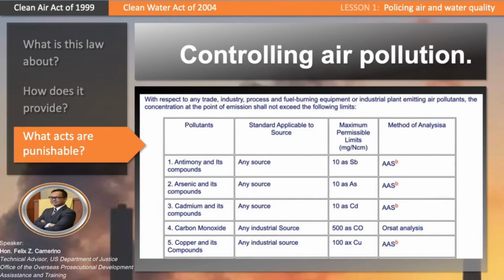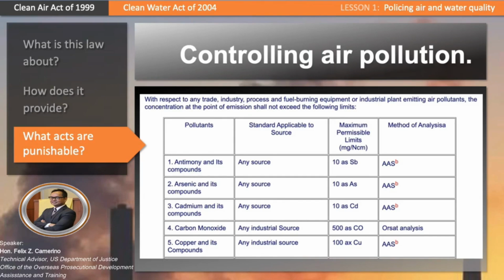It's talking about instances with respect to any trade, industry, process, and fuel burning equipment or industrial plant emitting air pollutants. Basically, these are the standards that it's talking about, as they relate to a particular pollutant.